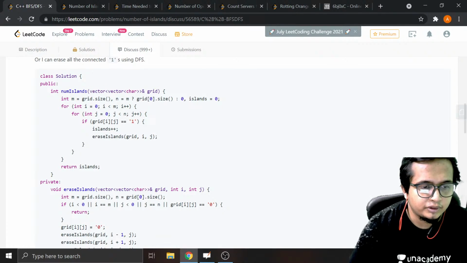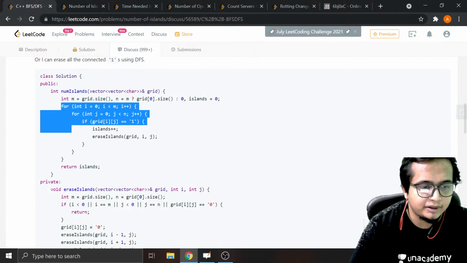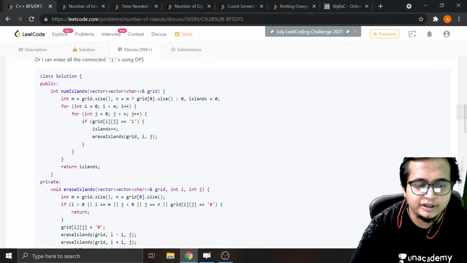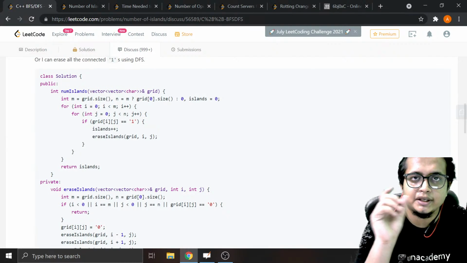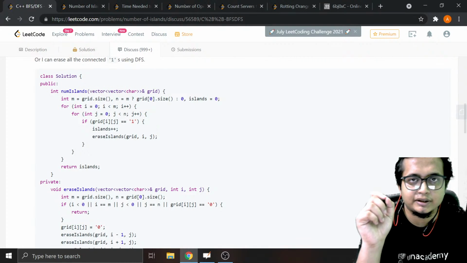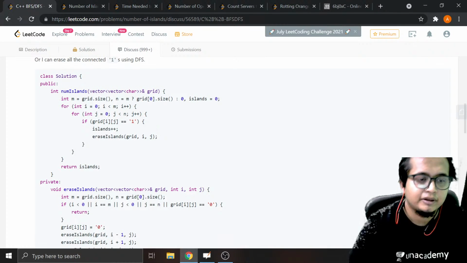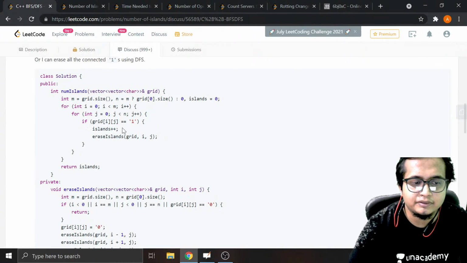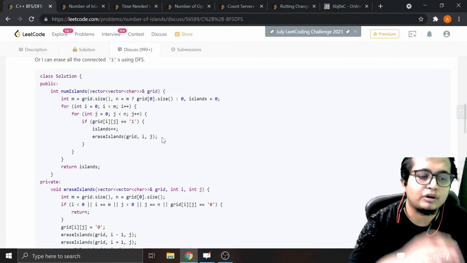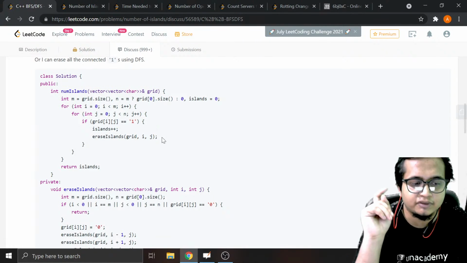Here we are just traversing over the entire matrix. If grid of i j is equal to 1, we can start a connected component when there is a land. So we do island plus plus, that is the number of connected components plus plus, and then we call our DFS function.